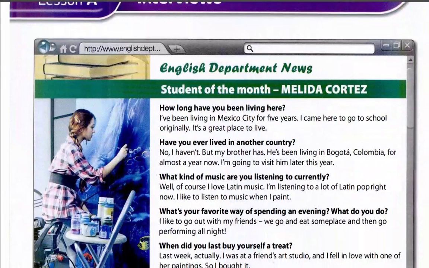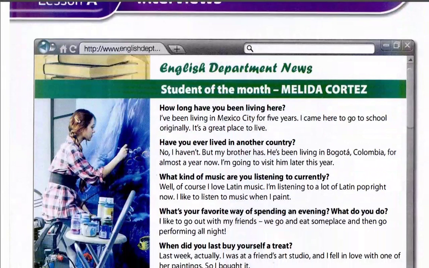I love you. But in the second sentence, I'm listening to a lot of Latin pop right now. Now there's that word, now. I am listening to. So she's using the present continuous, listening to. Here's another one. She doesn't say I am liking. She says I like.